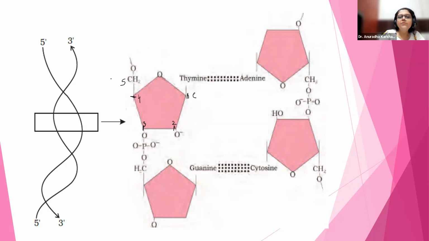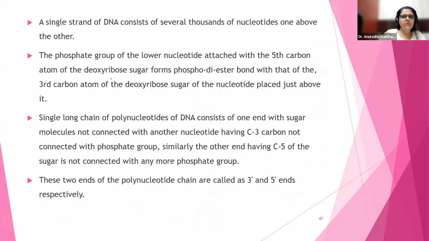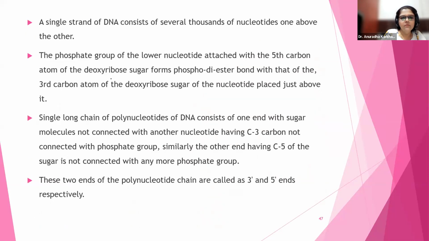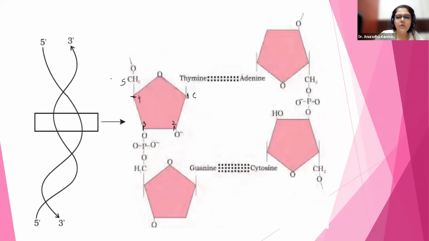Now look at this. Here you have the first carbon, second carbon, third carbon, fourth carbon, fifth carbon. Agreed? Now at the fifth carbon one phosphate group is present. Can you see?